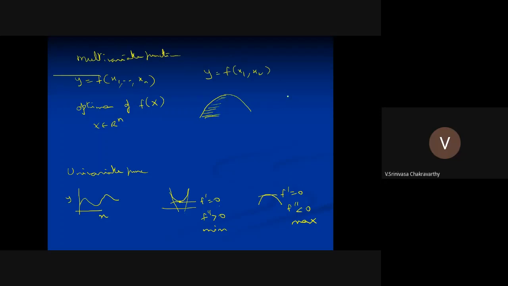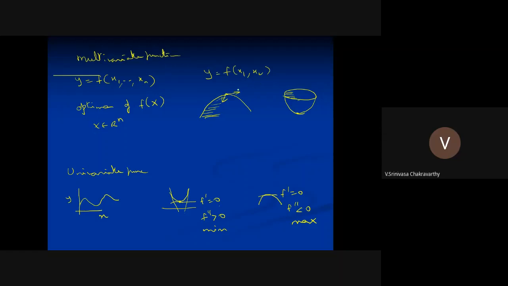And if you want to find a minimum, it might look like a bowl, right? So at the maximum or the minimum, you can easily guess that there can be multiple derivatives, because you can differentiate with respect to each of these variables.